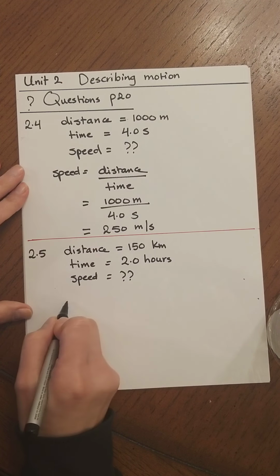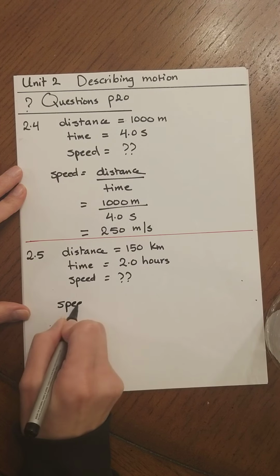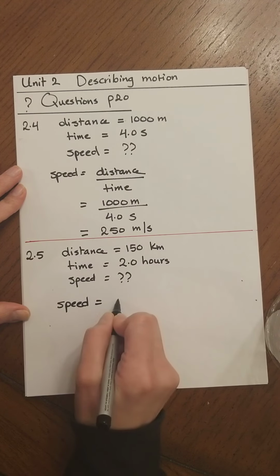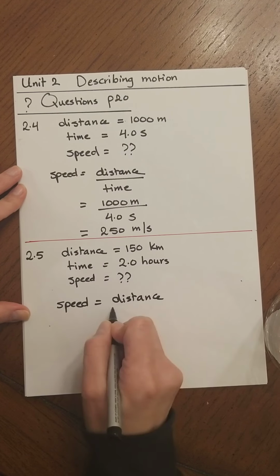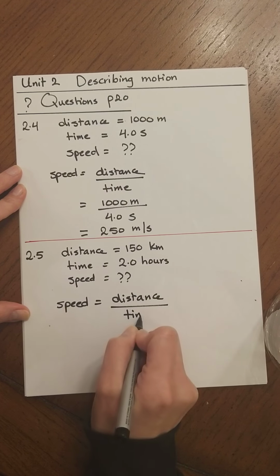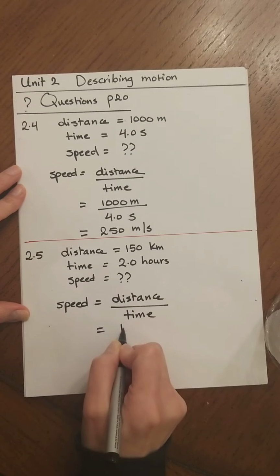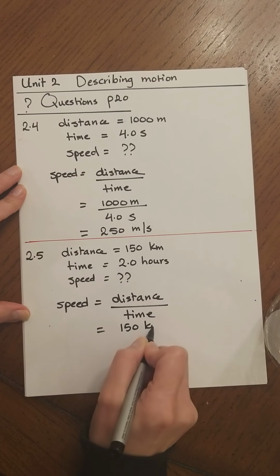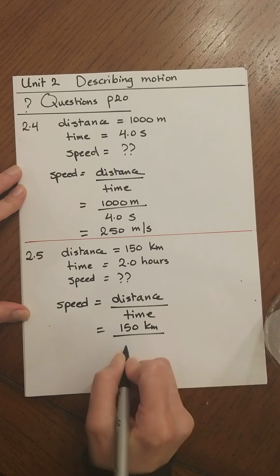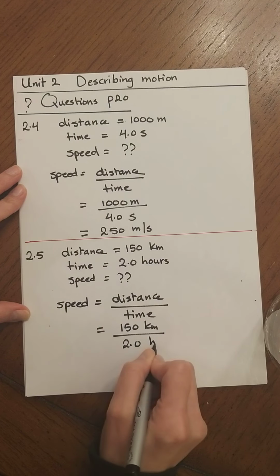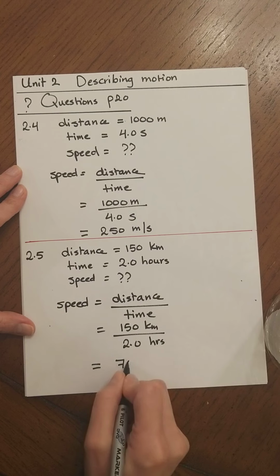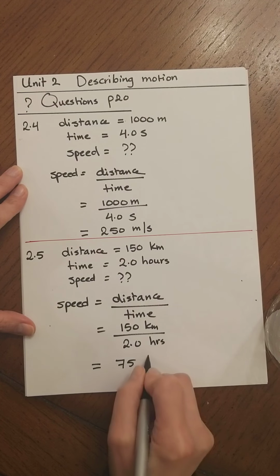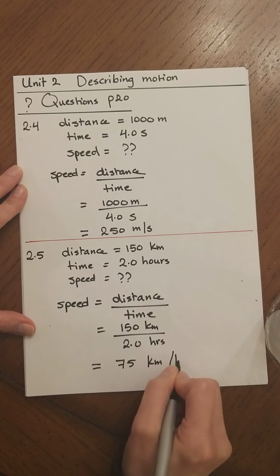So speed equals distance divided by time, 150 kilometers divided by 2 hours equals 75 kilometers per hour.